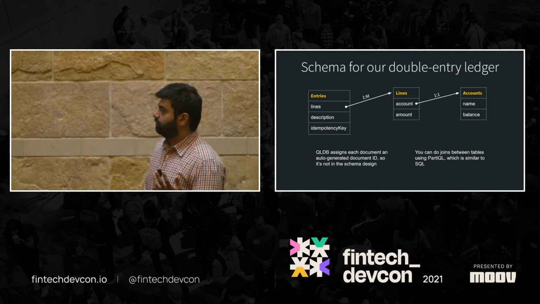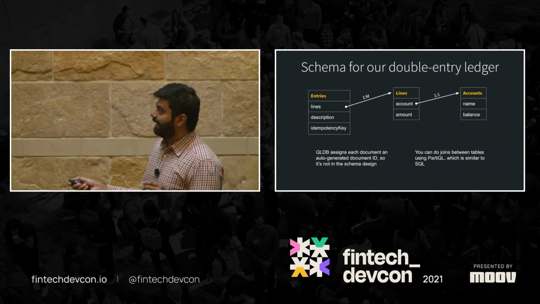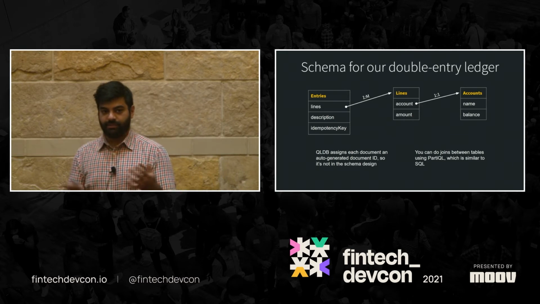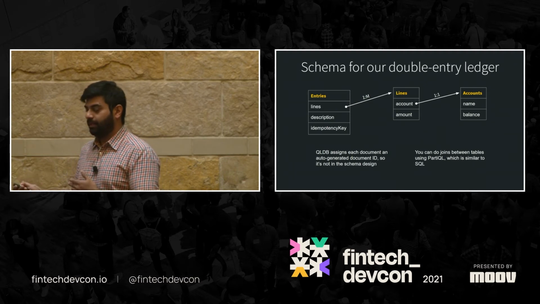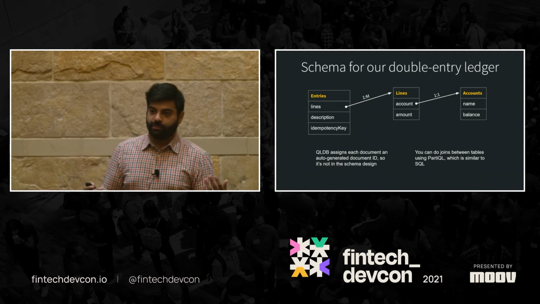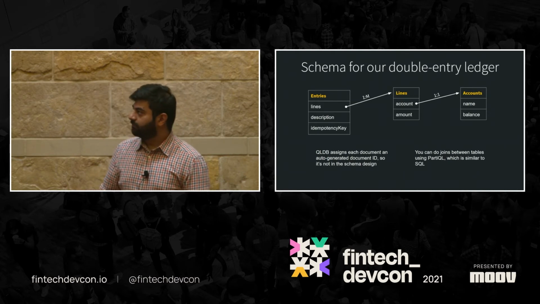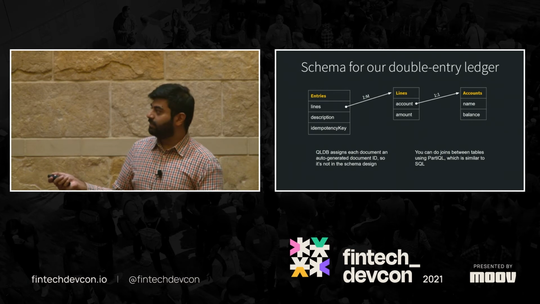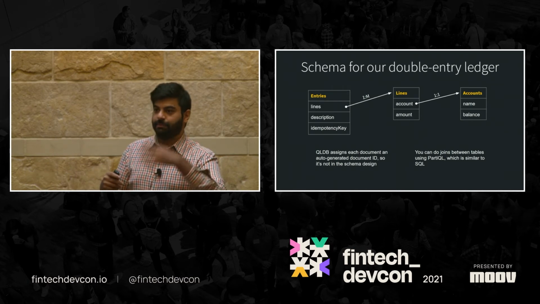Some of the more interesting things going on here is that accounts actually have a balance on them. You may or may not implement it this way in real life, but it's actually possible to do it in production like this. When most people implement a ledger in a normal database, they have a similar schema where they have a table for lines, and they put them in.